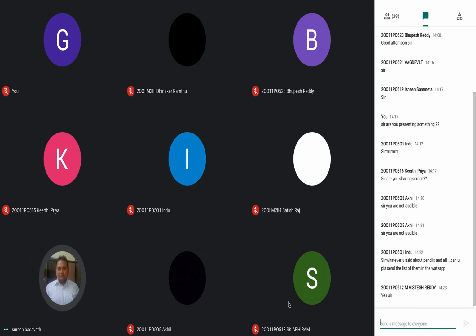A3 is 297 into 420. A4 is 210 into 297, dimensions in mm. These drawing sheets are very important. For engineering students to practice, the A2 drawing sheet is recommended.